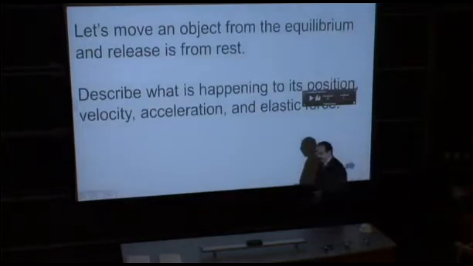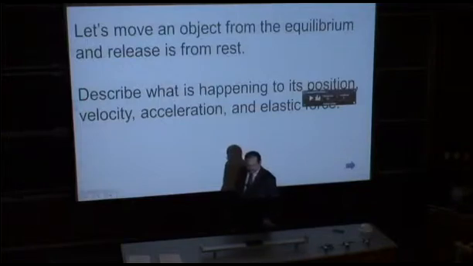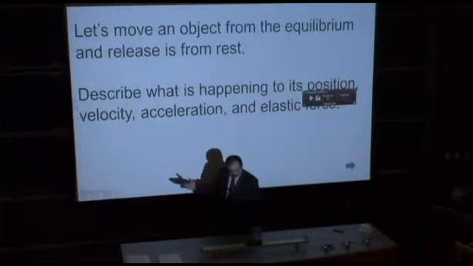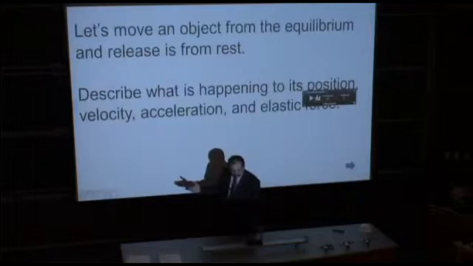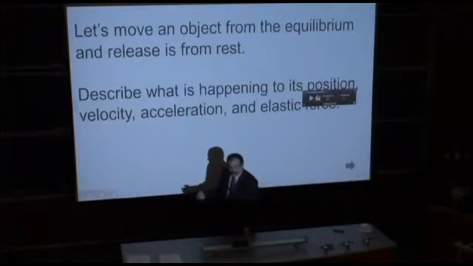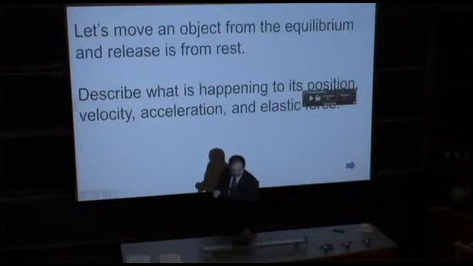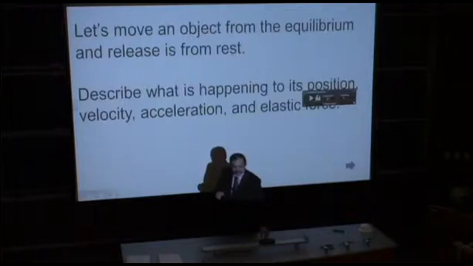So imagine that, again, only one spring is attached to this cart, and that's what's happening. That's the equilibrium. I move it from equilibrium, and I let it go. So right now, the velocity is 0. It starts the motion from rest. It travels towards the equilibrium, and when it goes through the equilibrium, it travels further, but eventually it stops.